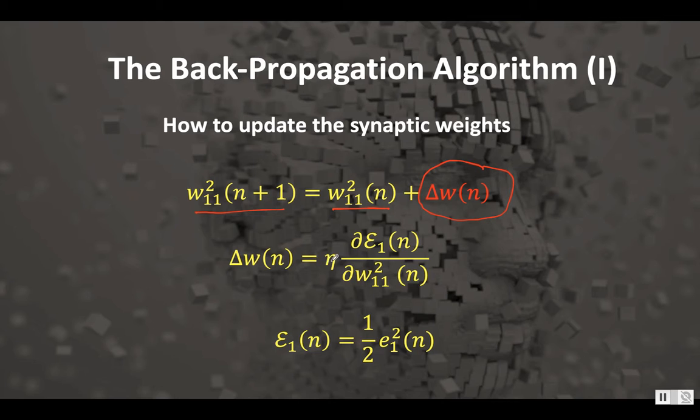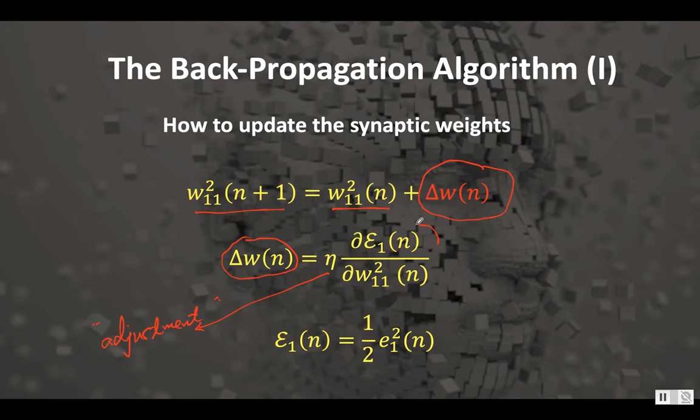And look at here. We can apply the steepest descent method to update the weight. Here, the delta W comes from two parts. One is the eta, which determines the adjustment size, so how much adjustment we need to add.